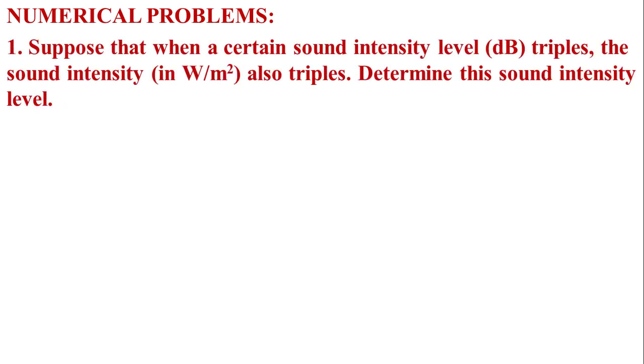In question number 1, suppose that when a certain sound intensity level in decibels triples, the sound intensity in watt per meter square also triples. Determine this sound intensity level. Here, first of all, write the given data.